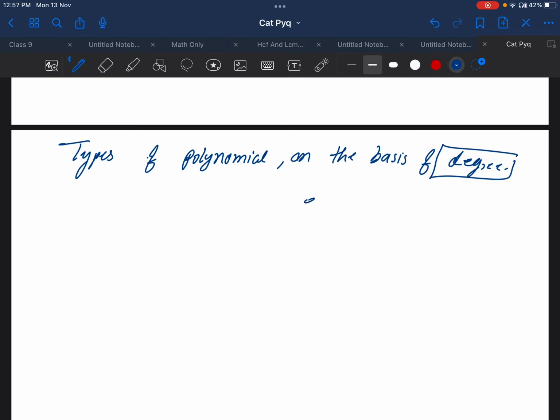Let's take an example: 2x cube plus 4y plus 2. What is the degree of this expression? The highest power of a variable is 3, so the degree will be 3. Let's take xy plus 4xy plus x plus 2.